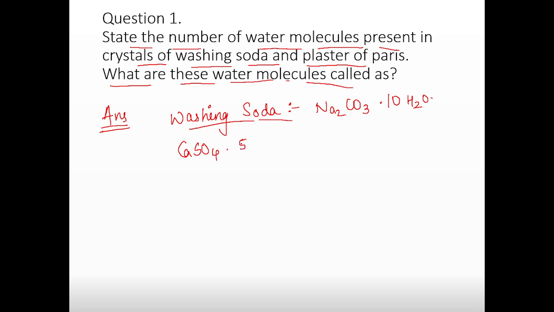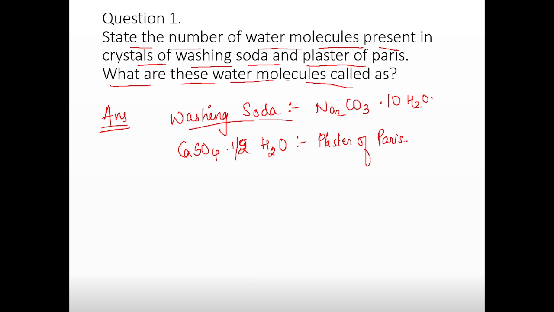Oh, sorry, not 5. It is half H2O. So this is your plaster of Paris. So basically these are the formulas of your washing soda and plaster of Paris.